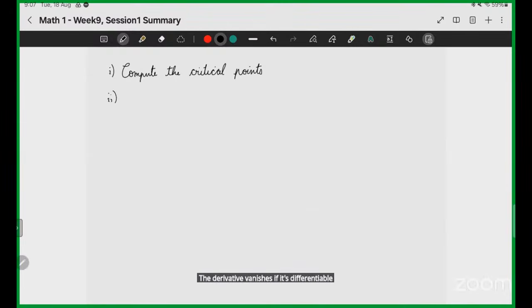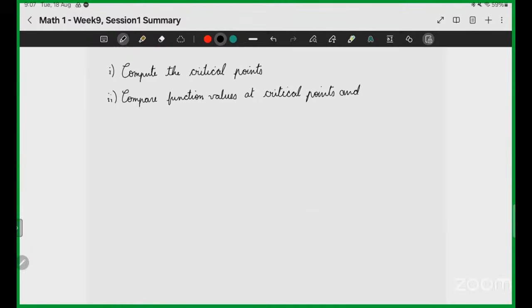Then compare function values at all critical points and boundary points.